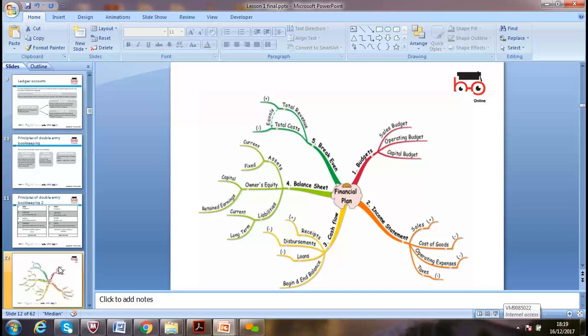Okay, when we are preparing a financial plan, accounting and financial management help us to make it. We can make budgets like a sales budget, operating budget, and capital budget. We can prepare the income statement, like profit and loss, where we can look at how much is the cost of goods sold, how much we have in running expenses, how much tax we pay. Break even: what is meant by break even?